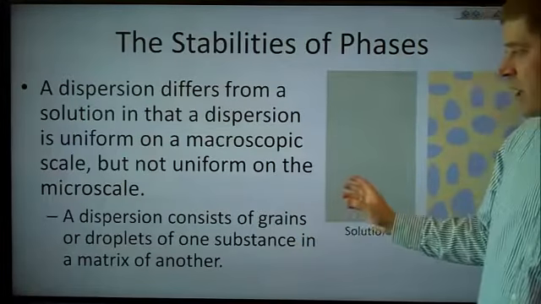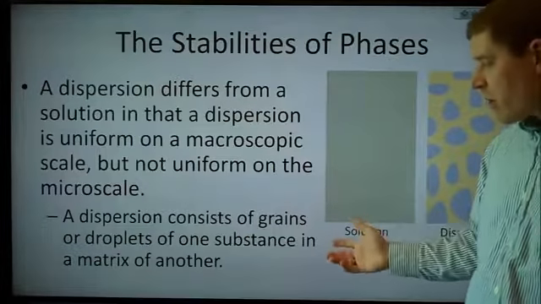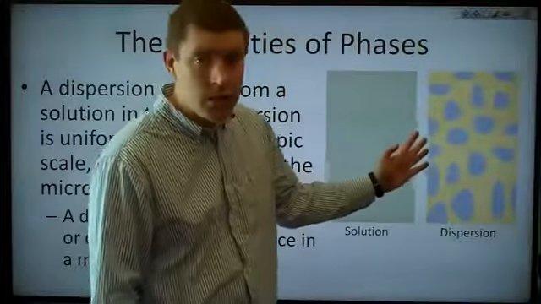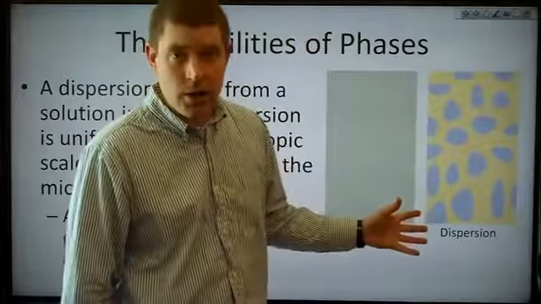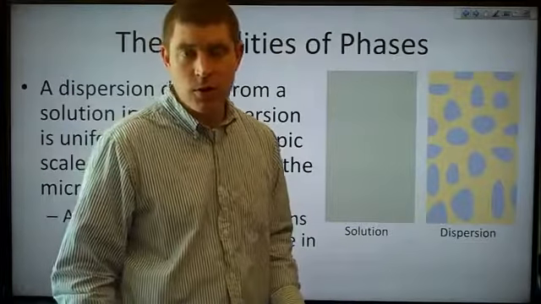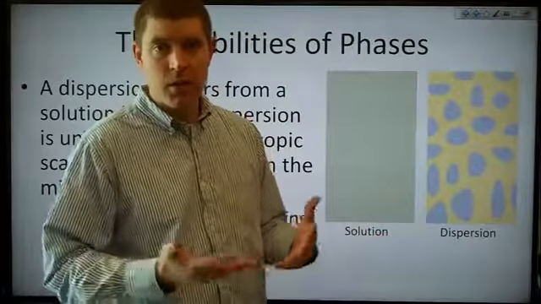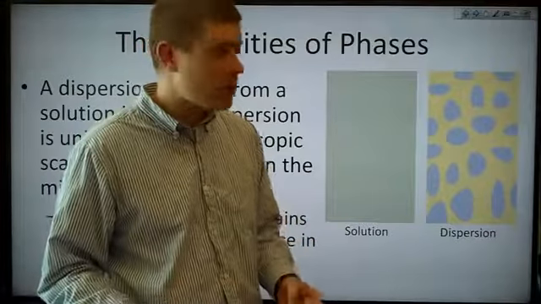Which differs from a dispersion, which consists of grains or droplets of one substance in a matrix of the other. So if we look at a dispersion like this, we've got some lighter colored areas and some darker colored areas. So this may be two liquid phases in a solution, or maybe it's two solid phases in solid metals, let's say, that aren't fully miscible in each other.